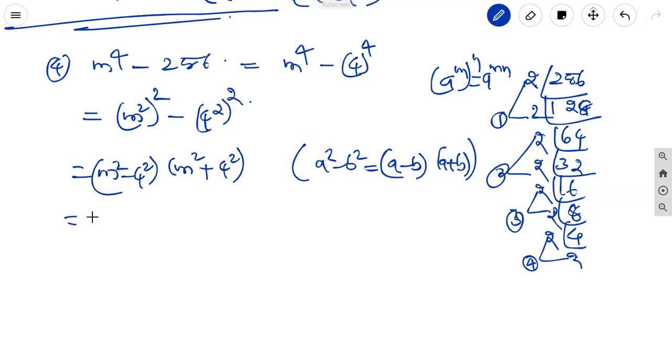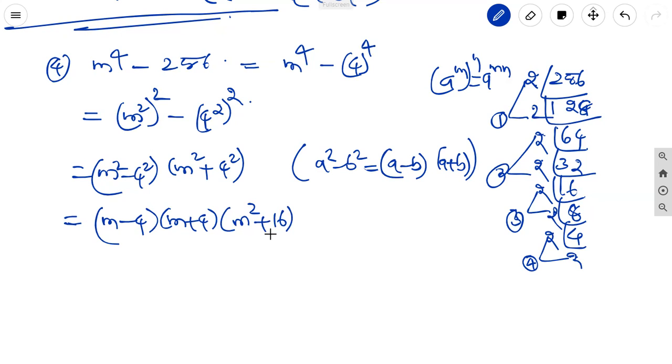Again, it is in the form of a square minus b square. That is (m minus 4) into (m plus 4) into (m square plus 4 fours are 16).